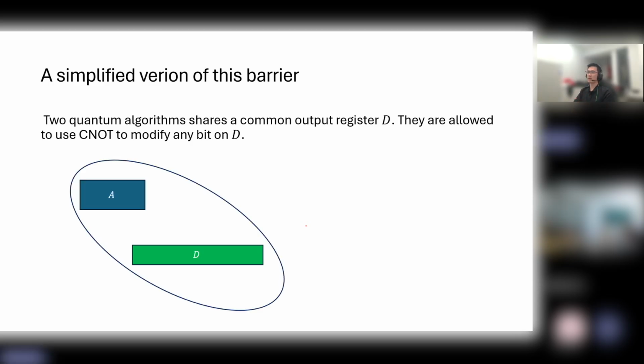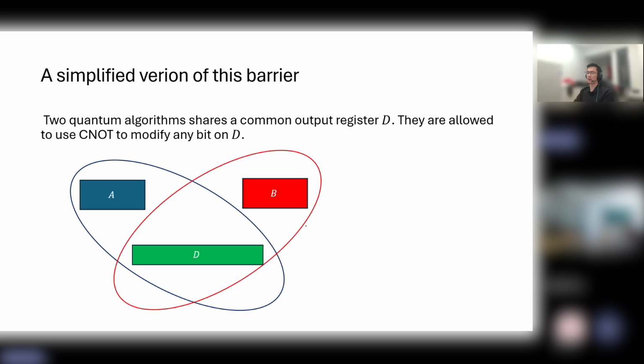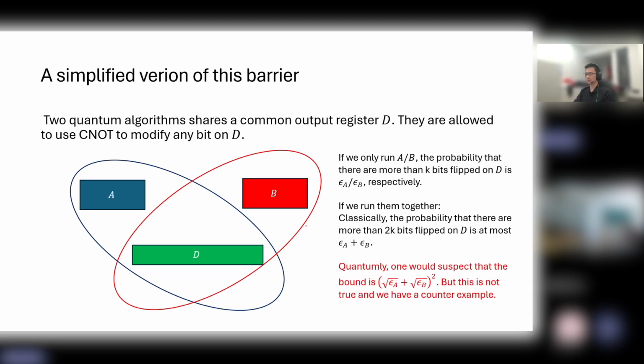So you have A that only operates on A and D, and they only modify D with CNOT. And you also have B. B can only modify D by CNOT, and A and B do not share any common memory besides D.